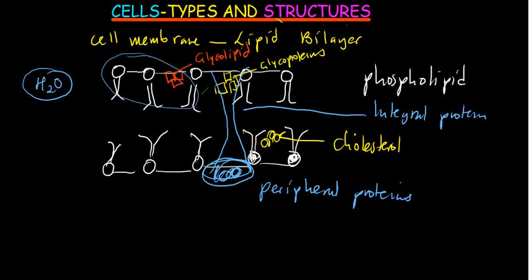So in other words, since this is a lipid, lipids attract other lipids. So charged particles or charged molecules are very difficult to pass through the cell membrane. That is because it is uncharged. But uncharged molecules are able to pass through freely here.